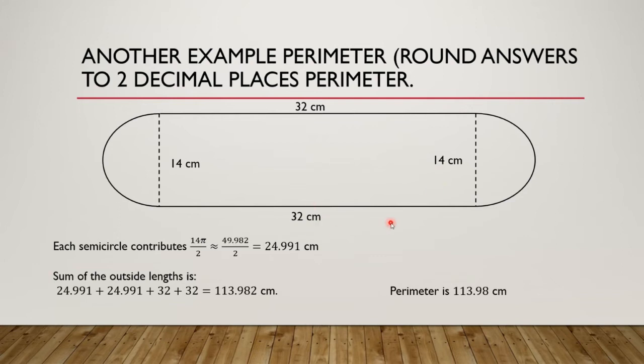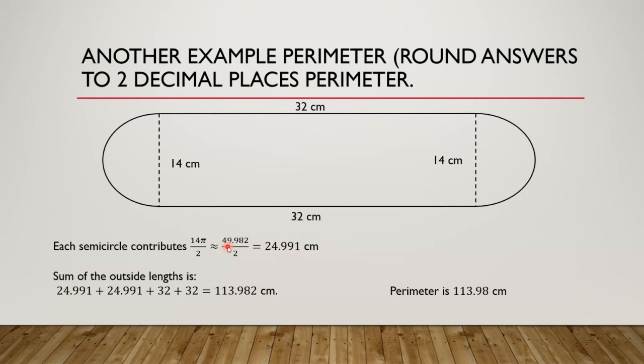Would you have to show how to put that in the calculator? Because I'm not getting the right answer. You do 14 times pi, and then you divide that by 2. I keep putting 14 pi divided by 2, and I get 21.991.